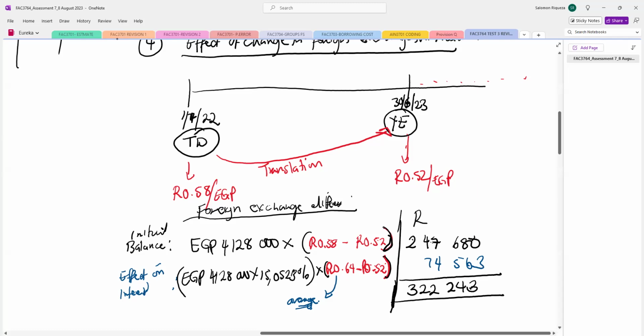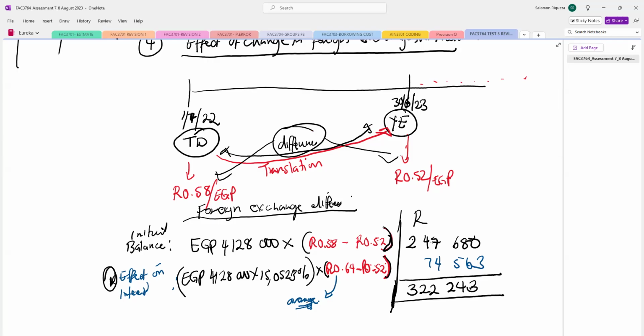Right, I'm going to explain this again. I'm looking for the foreign exchange difference. I explained the translation is occurring. This is what we want to do. What is the difference between this and this? But don't forget the effect in interest. Interest is using the average foreign exchange rate. That's why I do the interest separately.